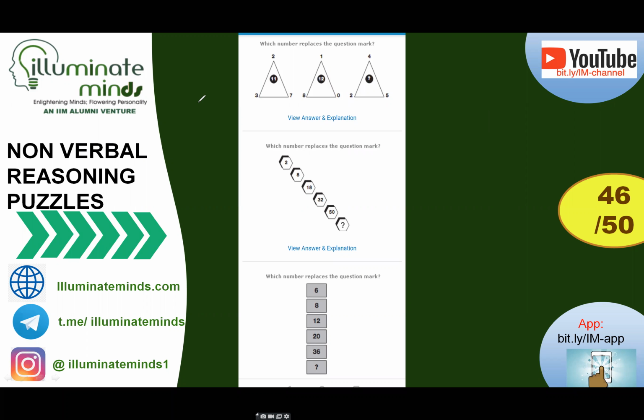So now the next one, if you multiply each number by 2 and subtract 4, so 6 into 2, 12 minus 4 is equal to 8.